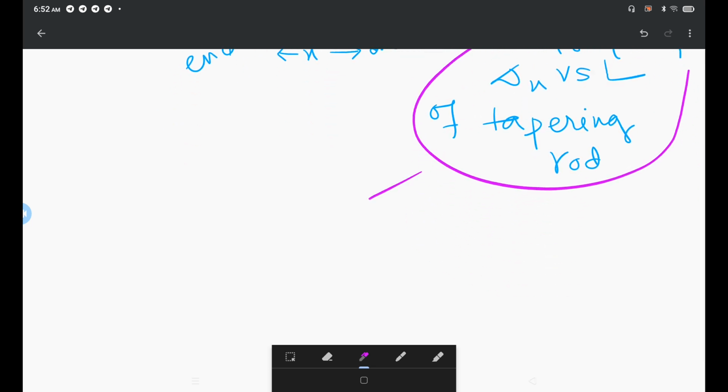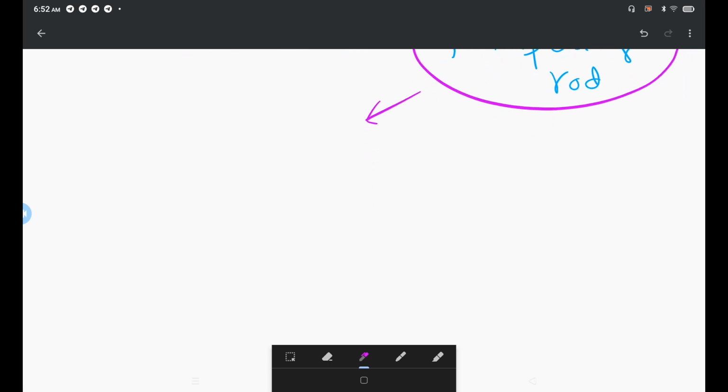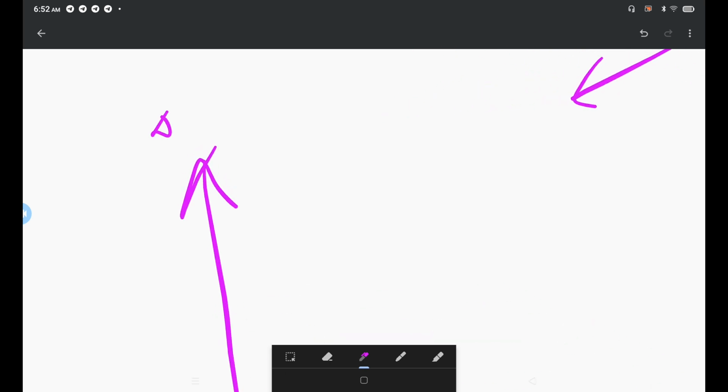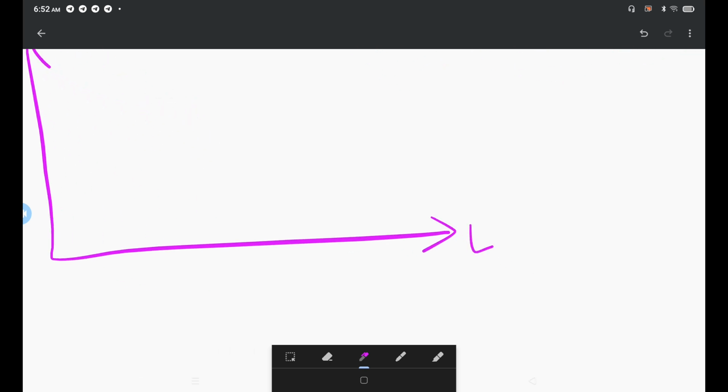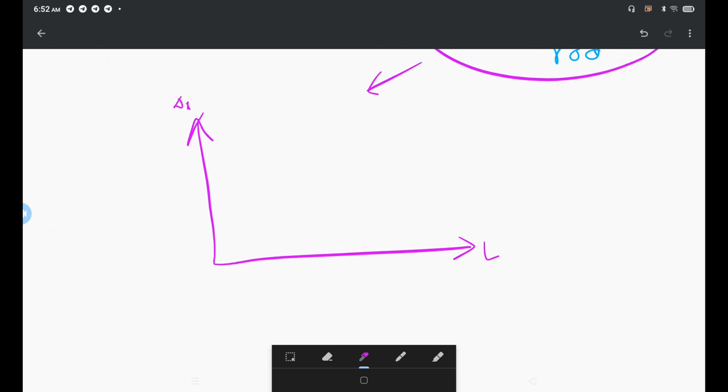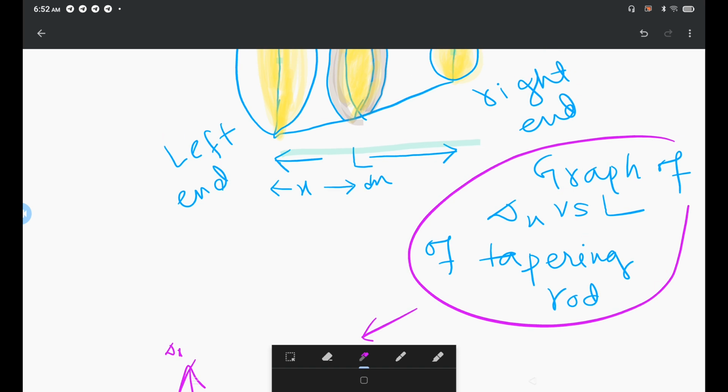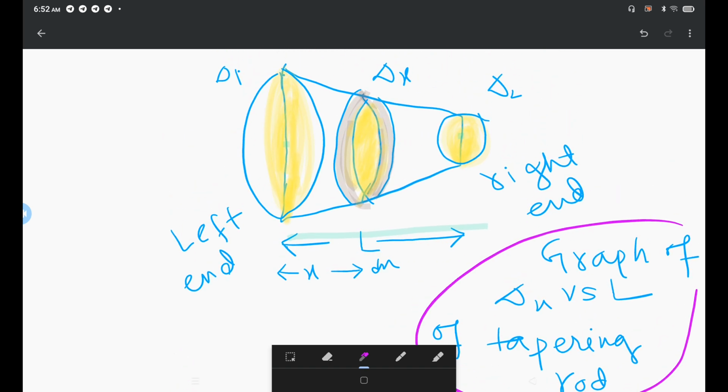The graph will be like this. This is our dx, this is our length L. Along the length L, the diameter varies linearly.